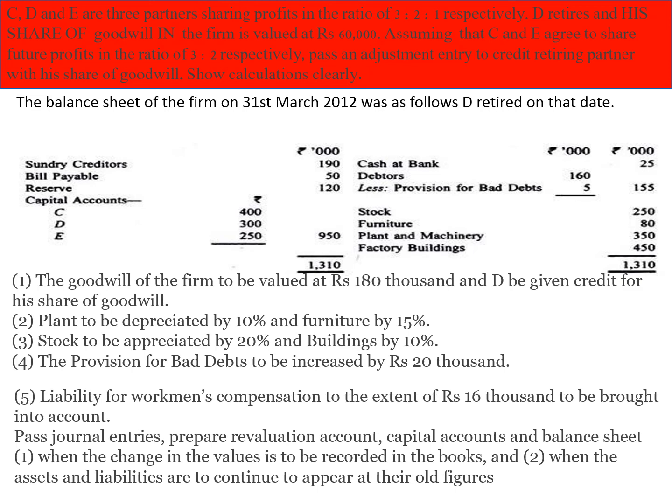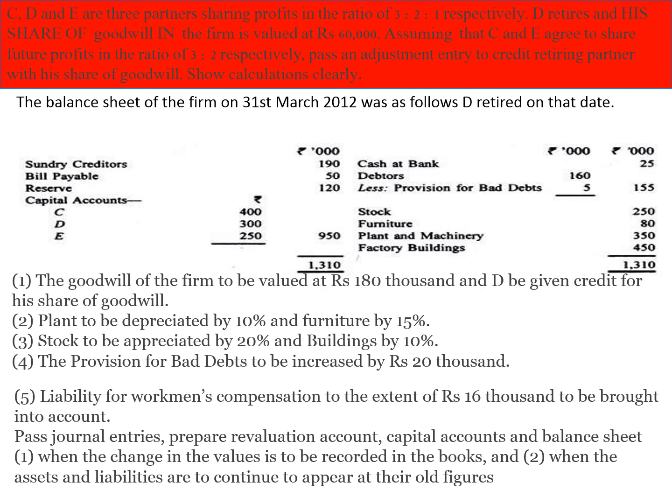To D's capital under C 18,000, under E 42,000. To memorandum revaluation 7,200, 4,800. To D's loan account 4 lakh 4,000, and the balance c/d would be the capital.